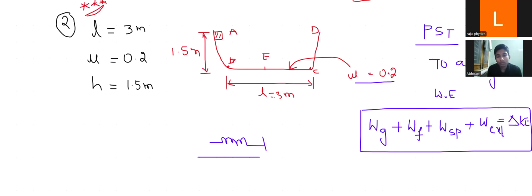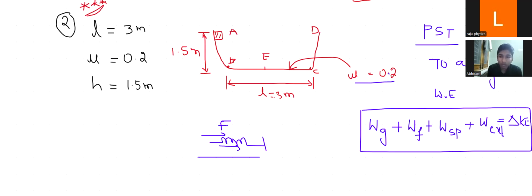If you apply a force in this direction, due to this spring force your spring is compressed from here to here. Here, is work done? Yes, work is done. Due to the spring force, work is done. That work is spring work.